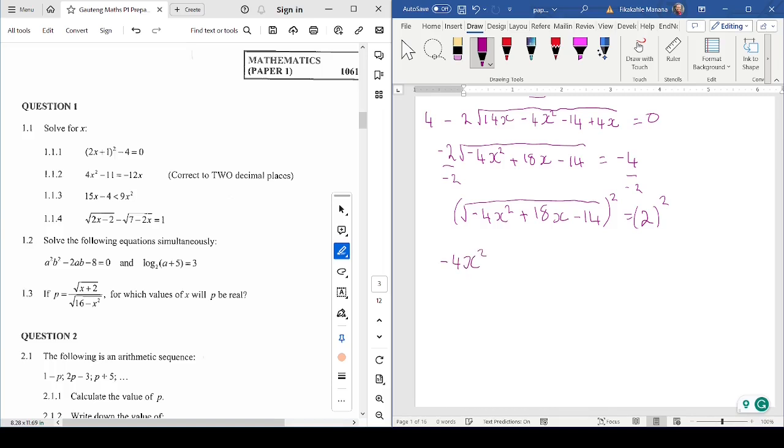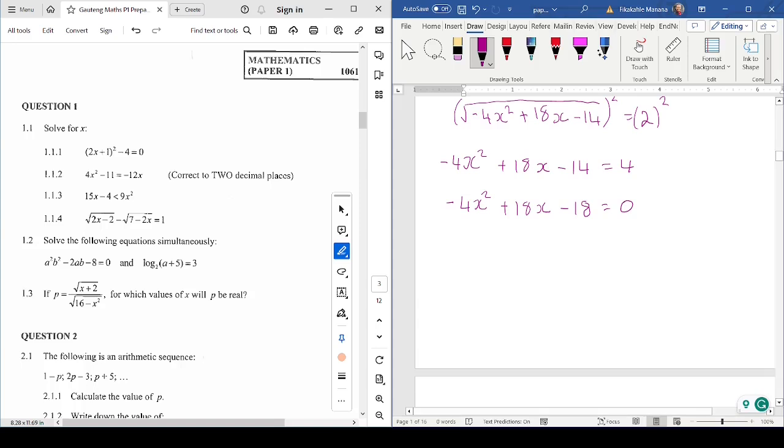Minus 4x squared plus 18x minus 14 is equals to 2 squared, which is 4. Finally, I'm going to have minus 4x squared plus 18x minus 14. And then if I bring this 4 to the other side, it becomes minus, so it becomes minus 18 is equals to 0.